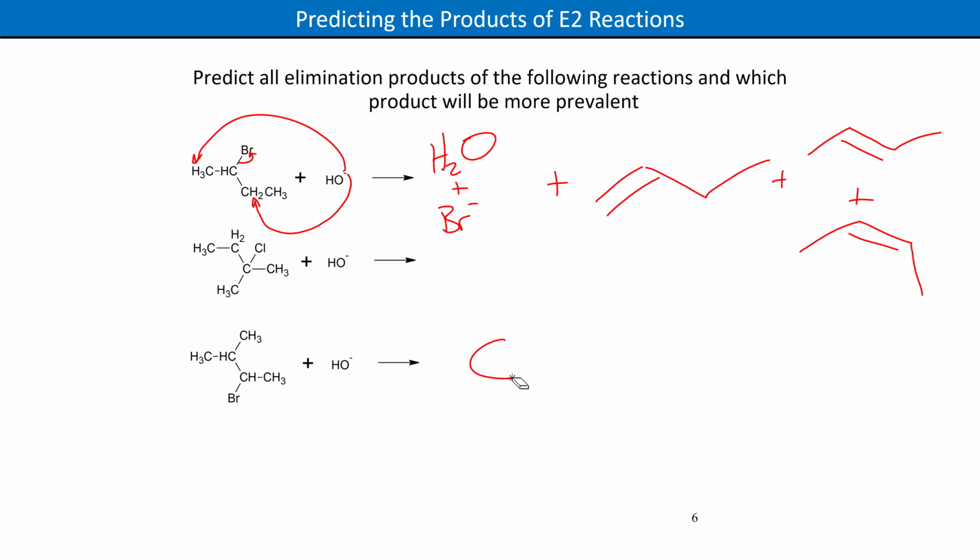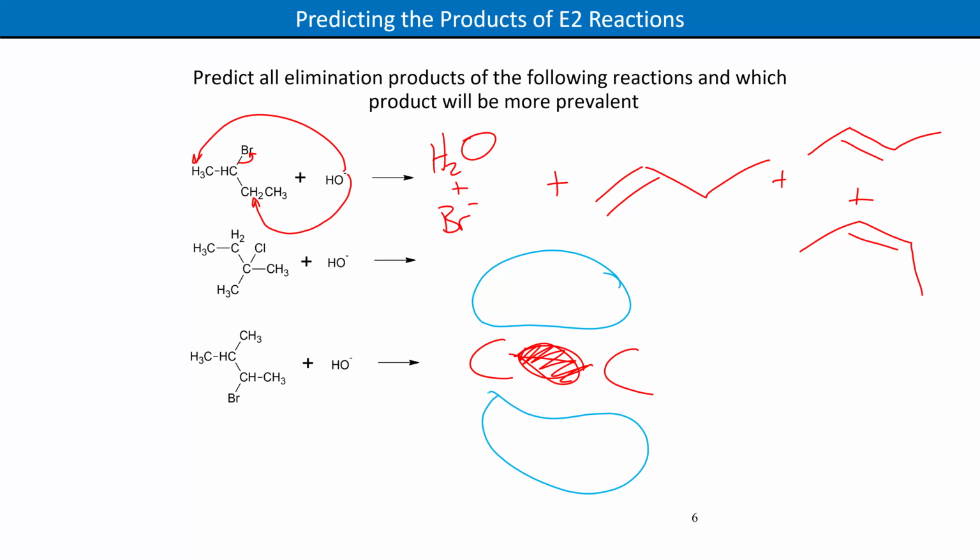Our sigma bonds are going to look like this, where you have good orbital overlap. Pi bonds are always going to have that above and below shape. You can draw it like a kidney bean, or like a canoe.